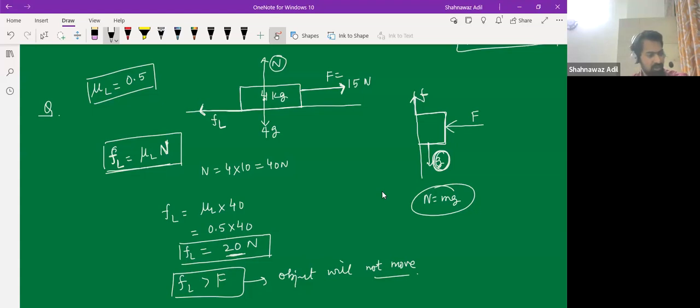So let me show you guys. Let's say this is the surface, and these two surfaces are in the contact, right? And you are applying the force.